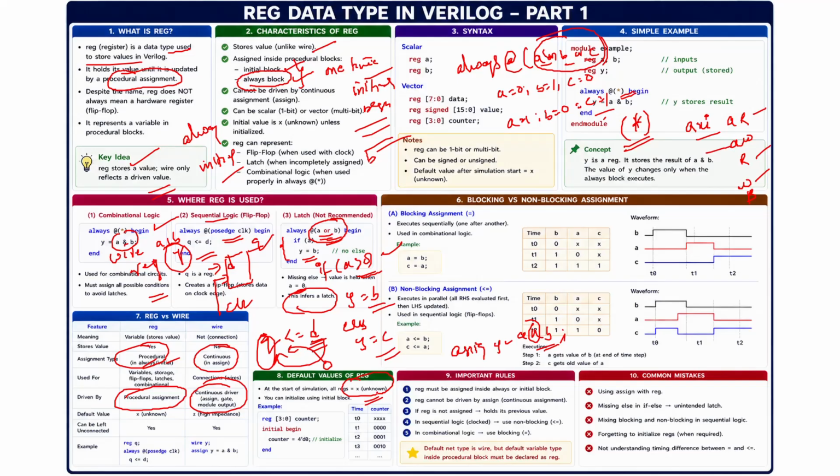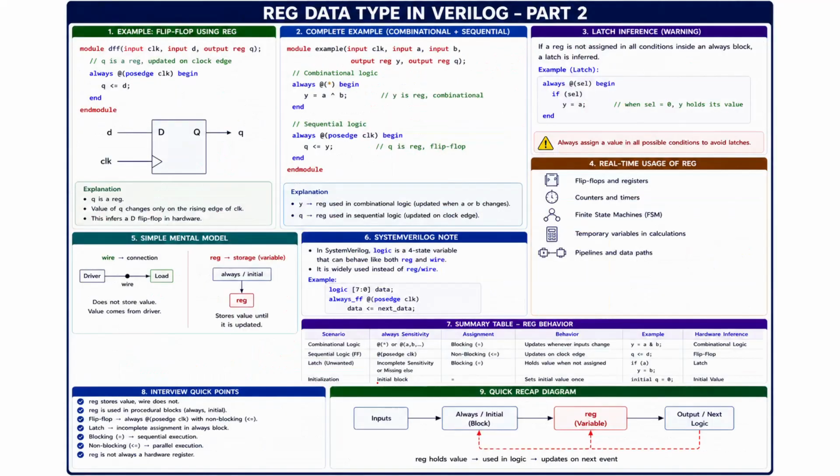Remember, for a register the default value is unknown, and for a wire the default value is high impedance. Understood? Register and wire.